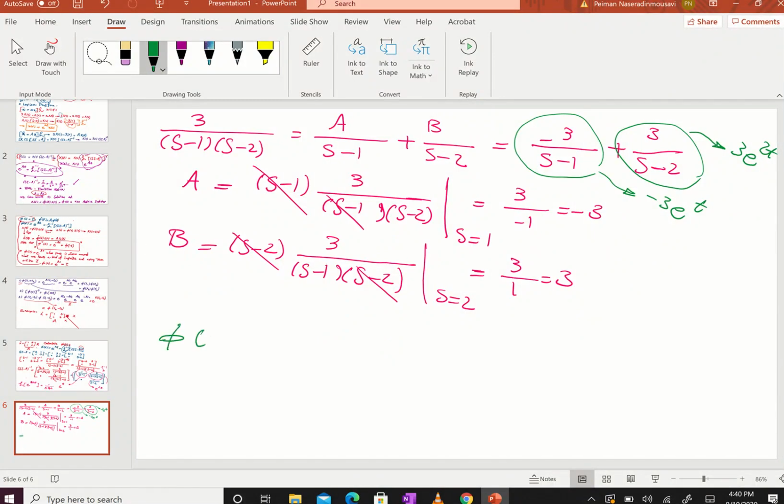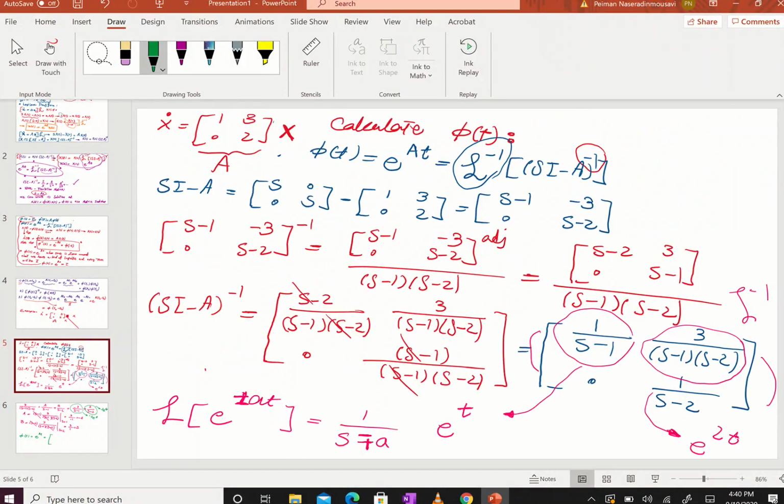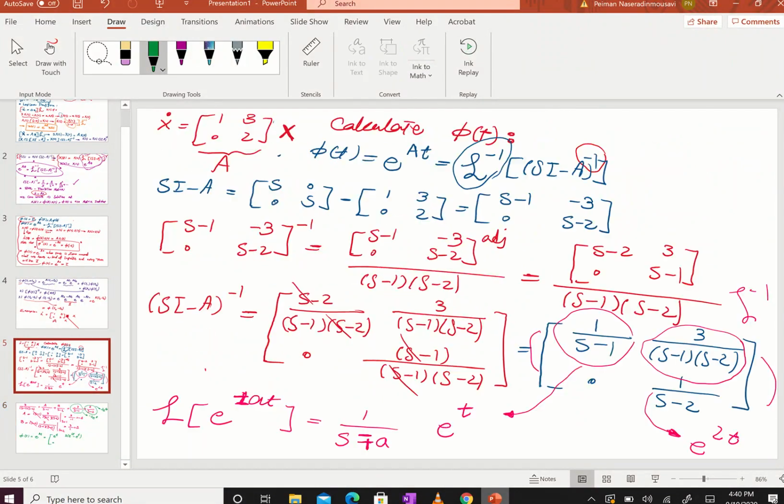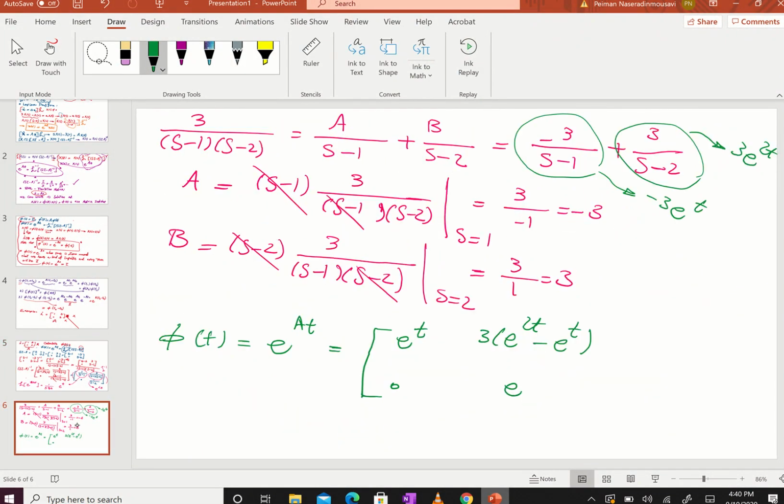So phi of t, the transition matrix or matrix exponential, from this is going to be e^t, 3e^(2t) minus e^t, because it is minus this plus this, right? 0 from the previous page, and e^(2t). Bingo, you got that. Understand?